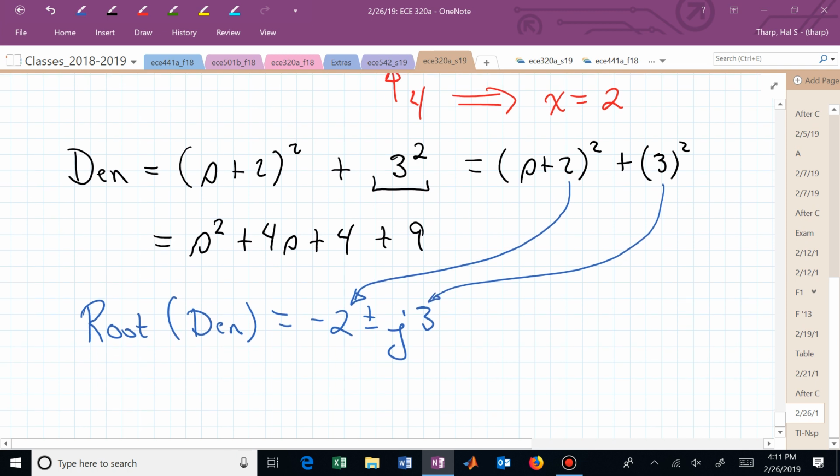Or what I would encourage you to do tonight is, in this denominator, replace s with minus 2 plus j3 and see if it equals 0, and then replace it with minus 2 minus j3 to verify that those two roots are the two roots, s sub 1 and s sub 2, that make that quadratic vanish.